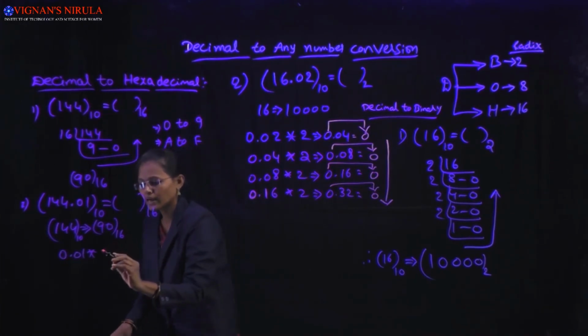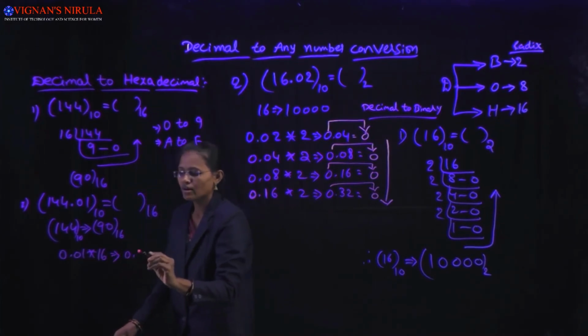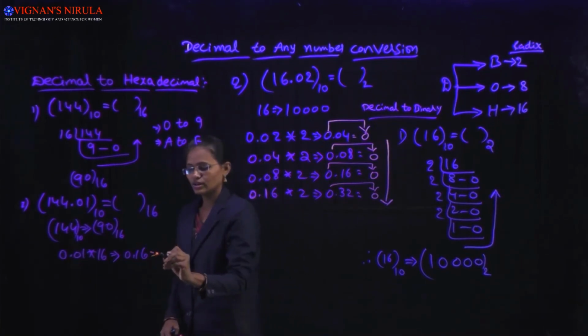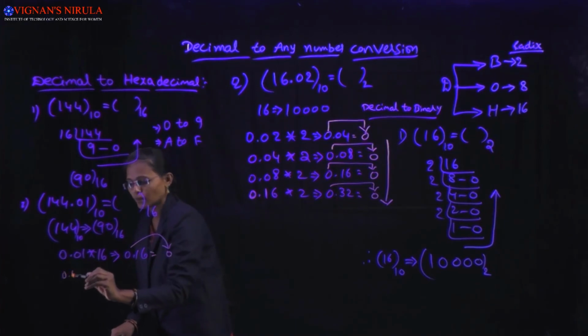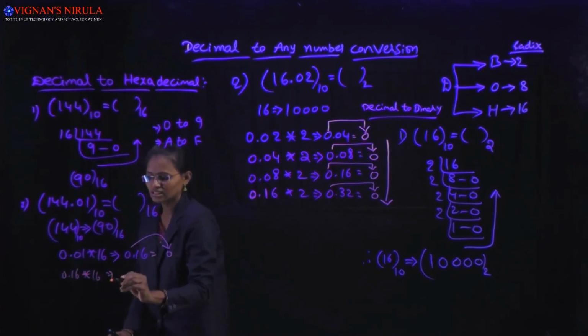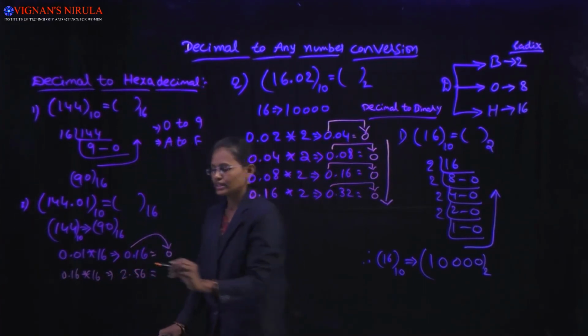So 0.01 into 16 is 0.16. Here 0 is written. Again 0.16 into 16 is 2.56. Here 2 is written.